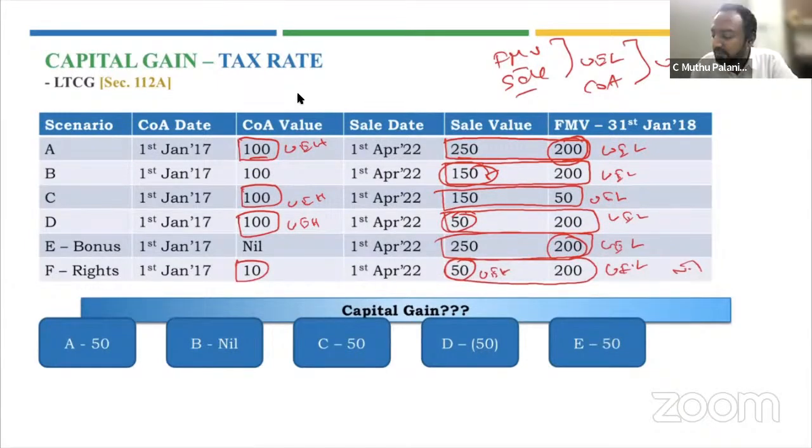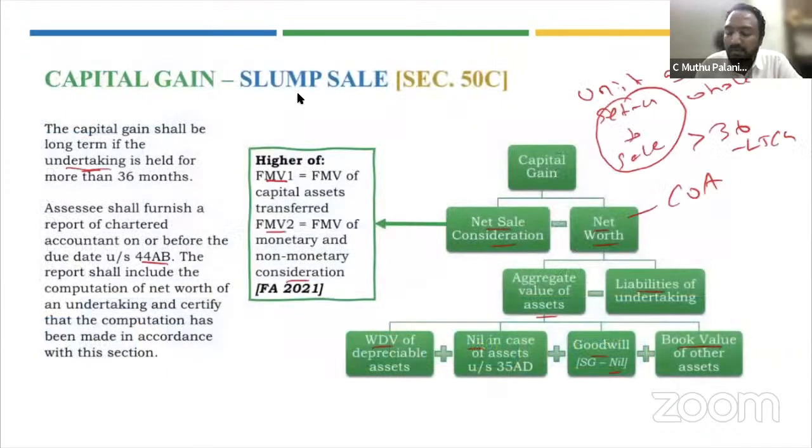So with respect to fair market value of long-term capital gain, it is important to understand these particular situations. That is how to calculate the fair market value as far as capital gain is concerned. Similarly, in slump sale also, we took up a formula. We said the aggregate value of assets will be the addition of all these things. So it is important to understand these.